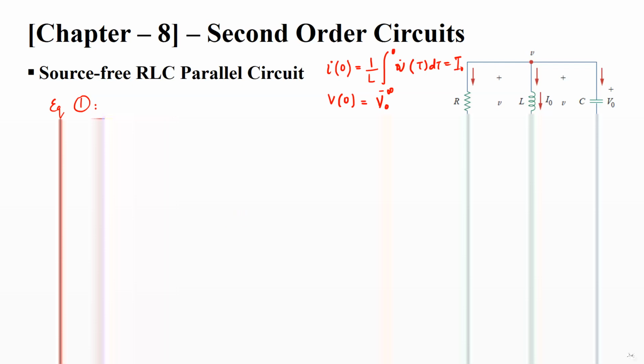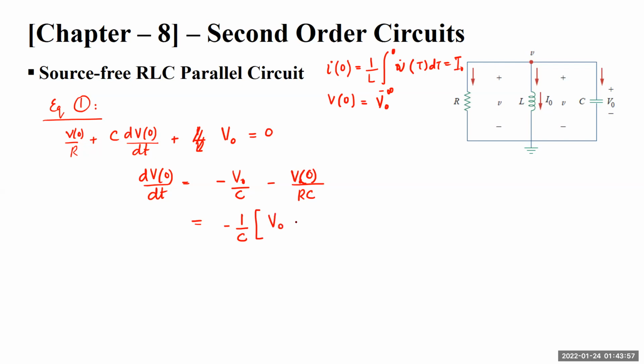If we take 1/C common, what we are left with is V naught plus V/R for dV0/dt. This is a first order differential equation.